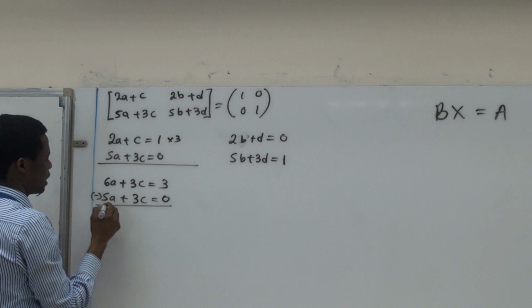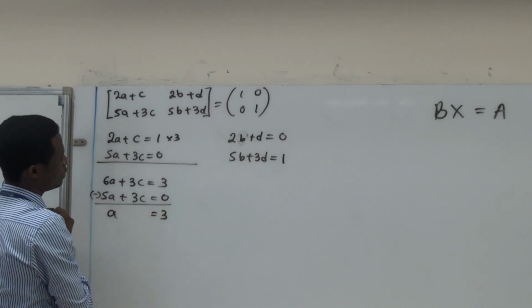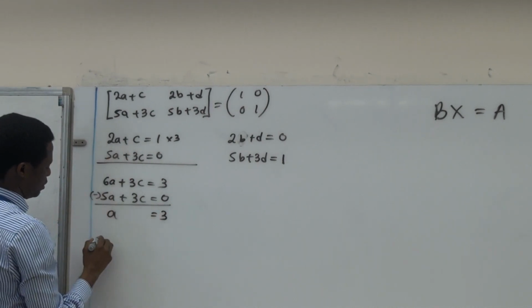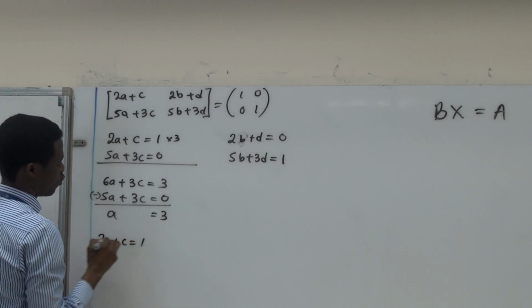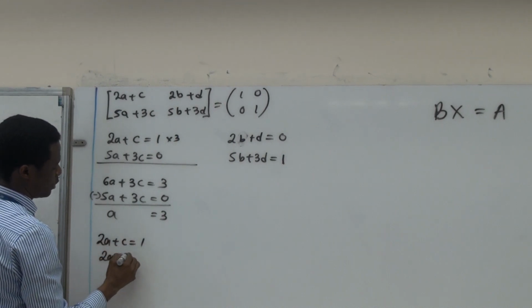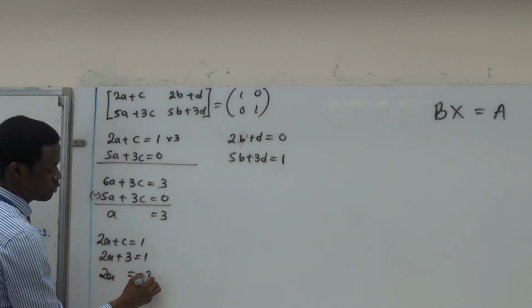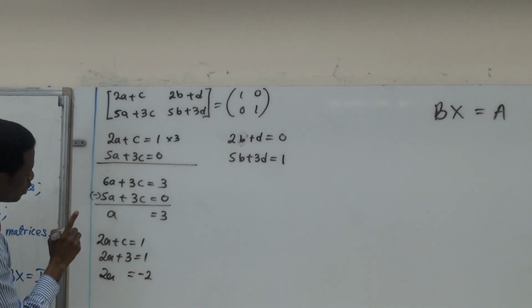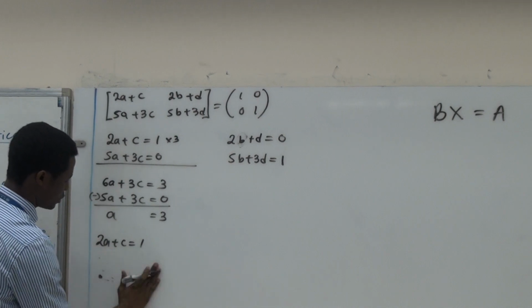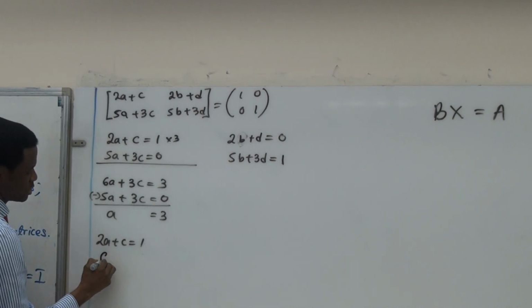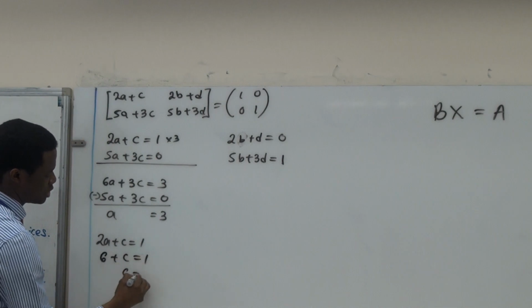And we're going to subtract, then you get a equals 3. So if a is 3, 2a plus c equals 1 becomes 2 times 3 plus c equals 1. I thought a is 3, not c. Oh, okay. So a is 3, thank you. So that will be 6, right? So c is equal to negative 5.